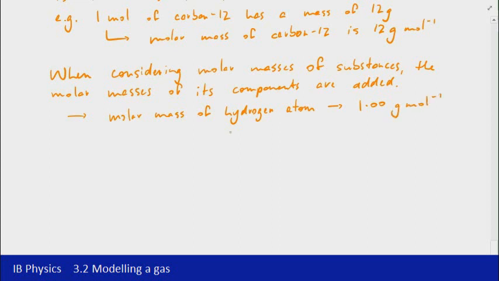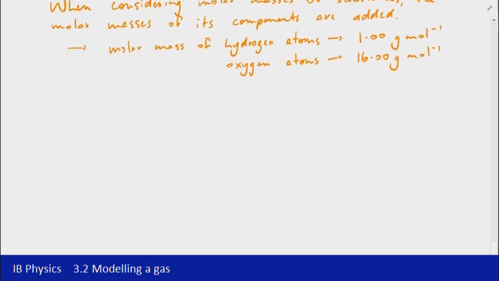The molar mass of oxygen atoms is 16 grams per mole. Kind of makes sense. Oxygen being a larger atom has a greater molar mass.